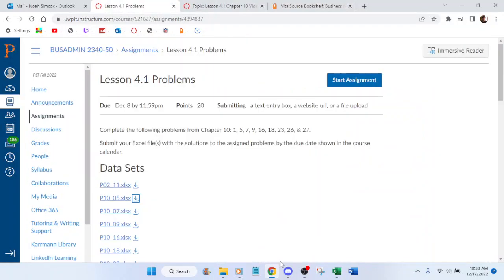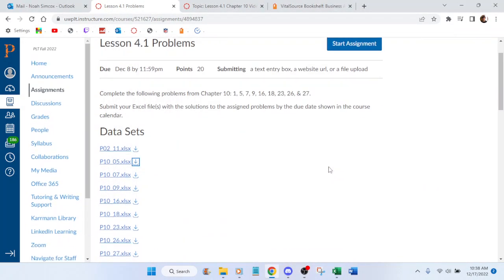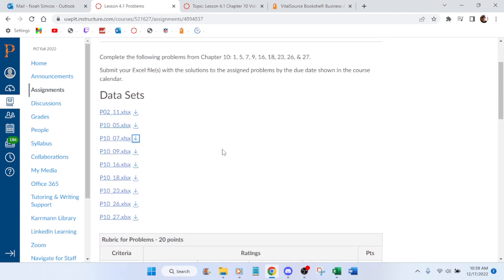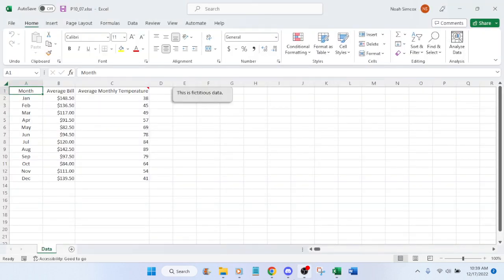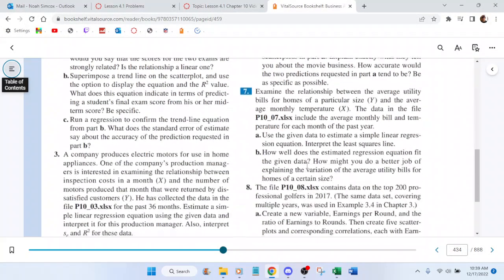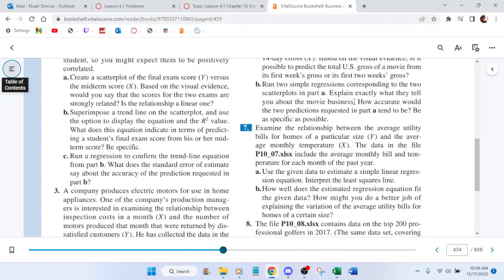Now we need to do number 7. Examine the relationship between the average utility bills for homes of a particular size and the average monthly temperature.